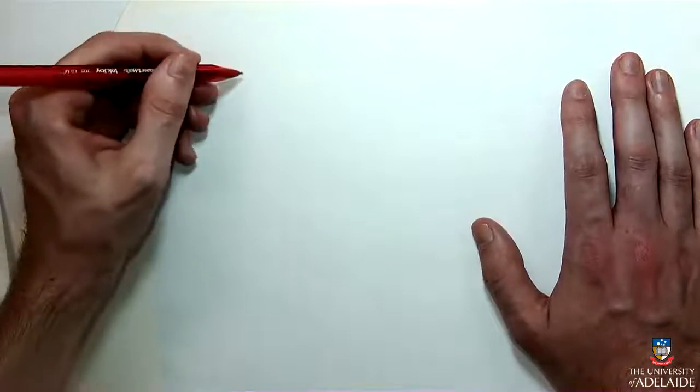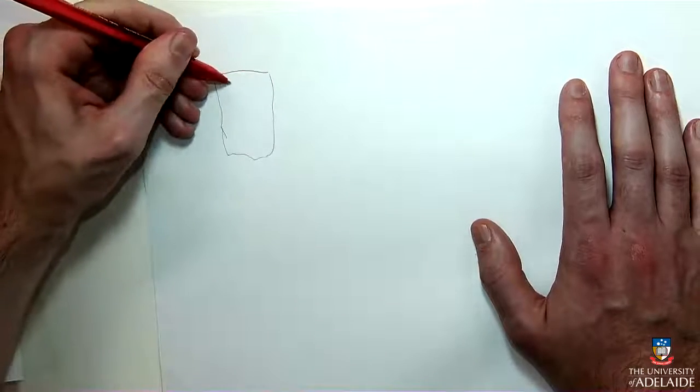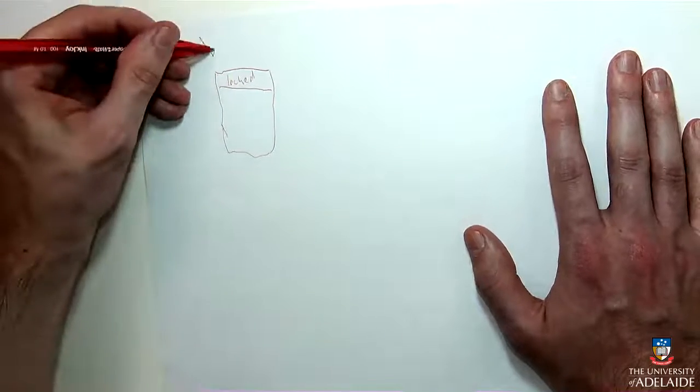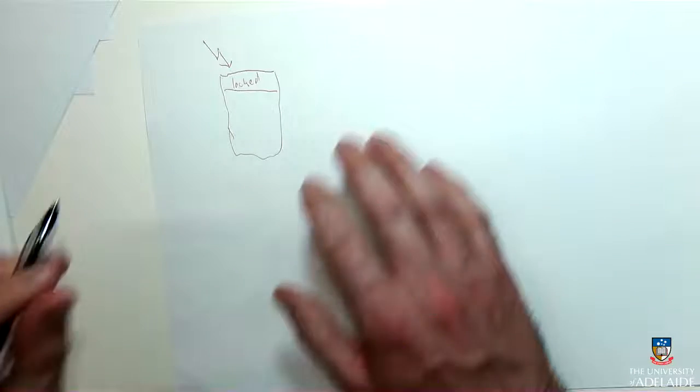It doesn't say if the red light flashes or anything when the system is initialized. I'm just going to roll with maybe it does to simplify things. So let's say that we have a locked state like so. System initializes into that. I should really switch to the black pen, that's fine.